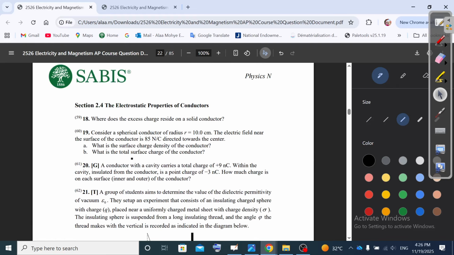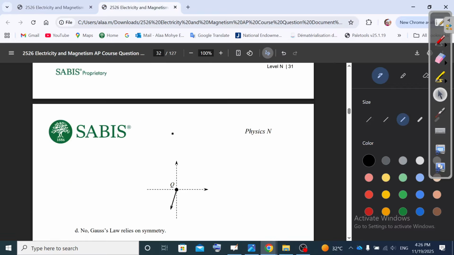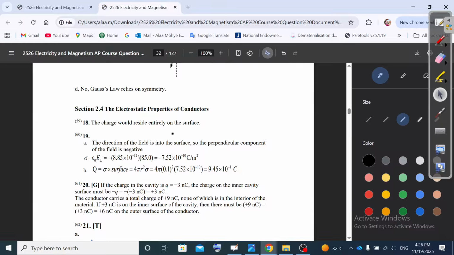A conductor with a cavity charge within an insulator, how much is the charge on the inner and the outer surface? So as we logically said, the inner surface is going to be plus 3, right? And the outer surface is going to be plus 6. So you need to be that fast in the exam. Okay, so as we said, inner surface is going to be plus 3, that's plus 6.